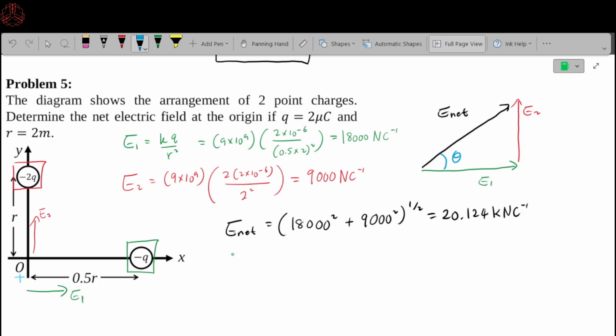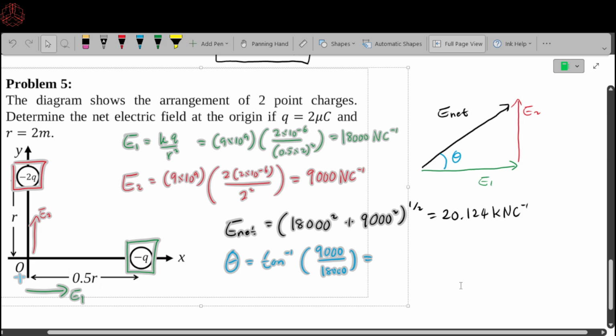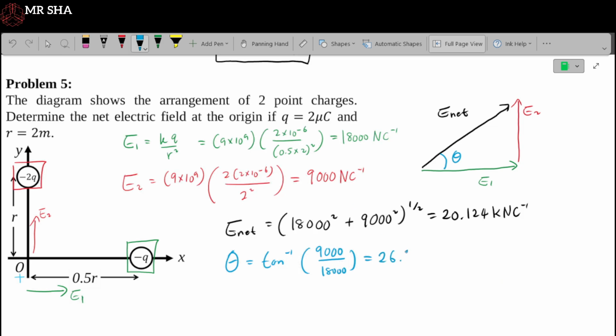If we look at the angle, it is the arctangent, so tangent to the power of negative 1, the inverse tangent of E2 over E1. So E2 is 9,000 and E1 is 18,000. Okay, so keying that into the calculator, what we'll find is that the angle is 26.6 degrees. So these two will be the answer to the question.